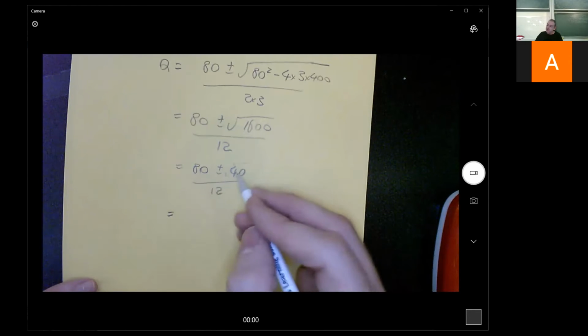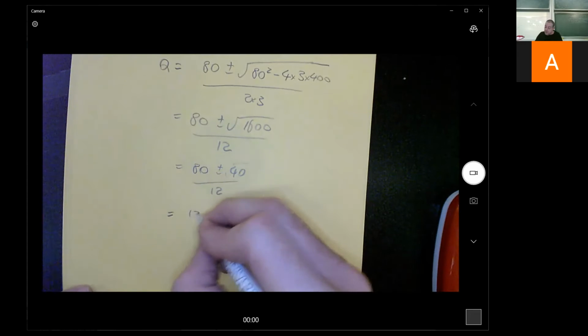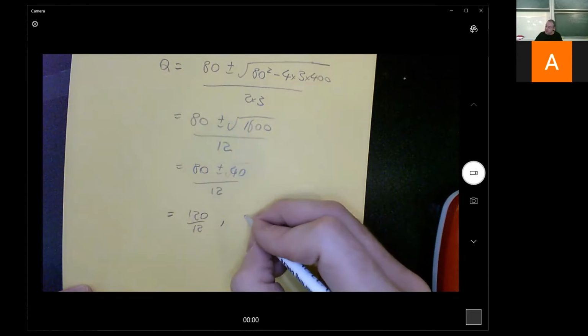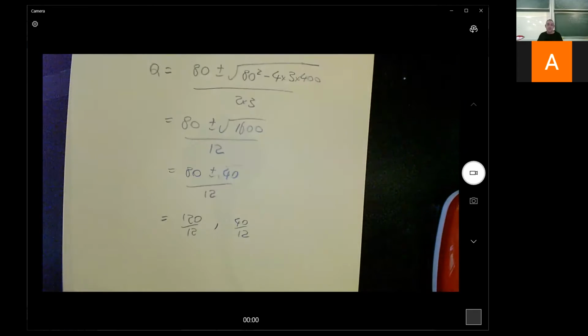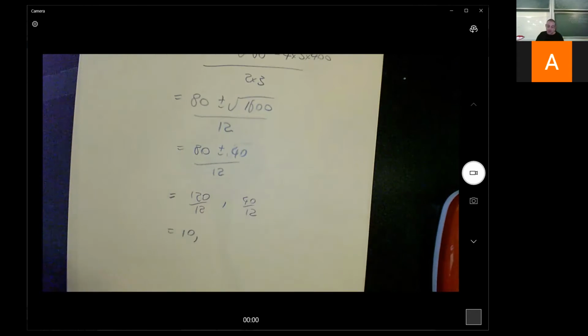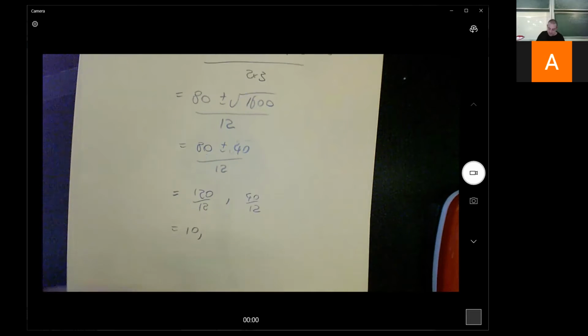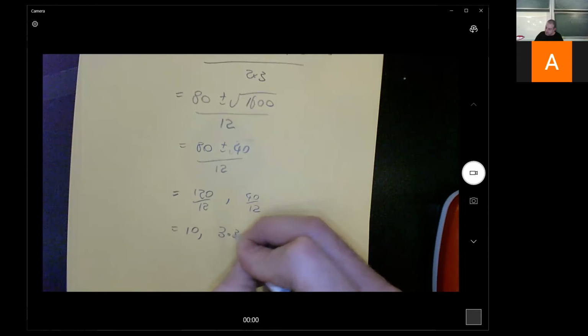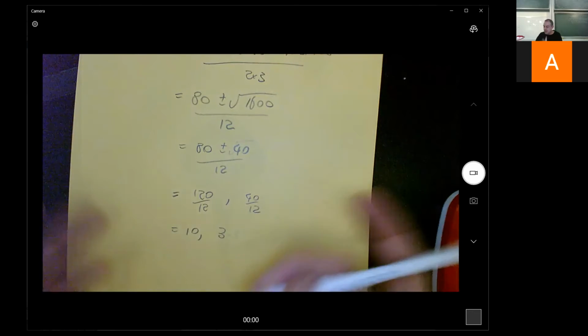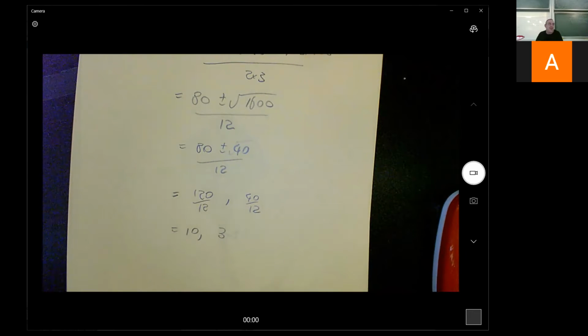And so if it's the plus, it'd be 80 plus 40, which is 120. And if it was a minus, it would be 80 minus 40. And so we'd have either 10 or whatever 40 divided by 12 is. All right, whatever it is. I guess it'll be 10 thirds.